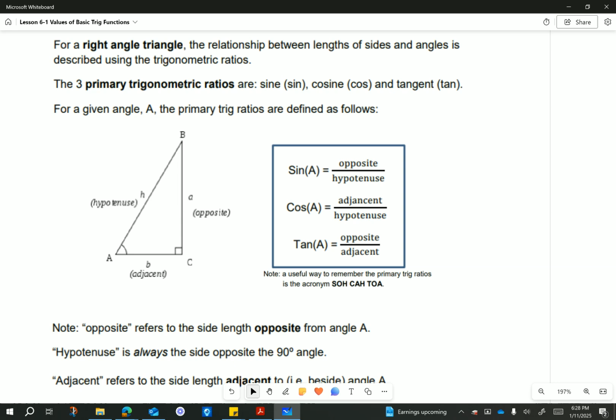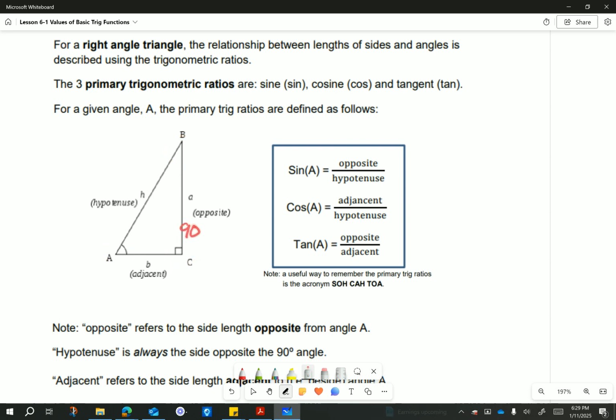So we are given here an illustration of a right triangle, and we all know that a right triangle will always contain a 90-degree angle, and these two angles that are left over are going to sum to 90 degrees because, as we know, all angles of a triangle have to add up to 180.